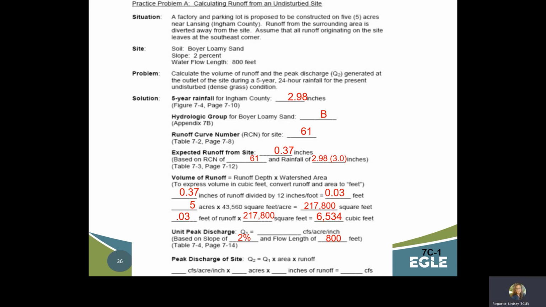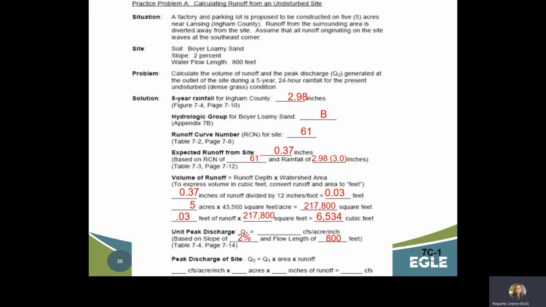This must be multiplied by 43,560 square feet per acre for the conversion to 217,800 square feet as the size of the site. Lastly, we will multiply the 0.03 feet of runoff by the site size of 217,800 square feet to give us a runoff volume of 6,534 cubic feet.